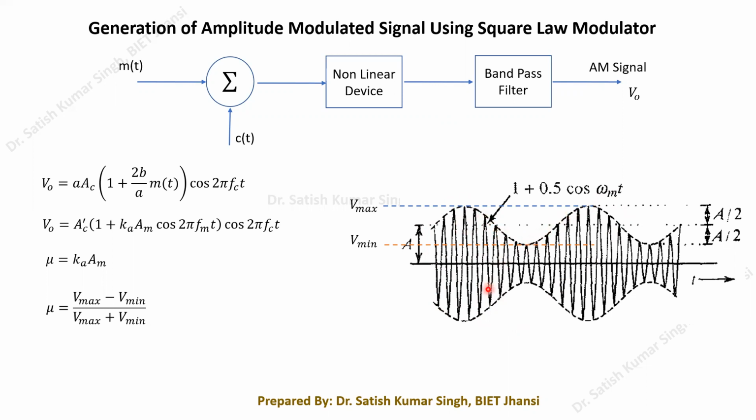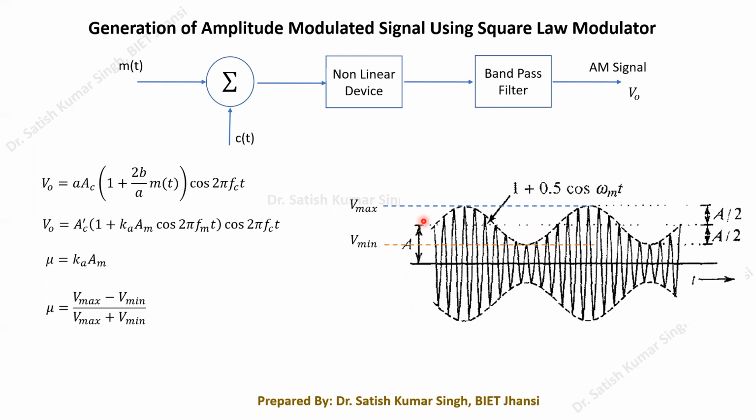If you see, the envelope of this carrier signal is nothing but your message signal. This way we are modulating the carrier in such a way that its amplitude will be directly proportional to the amplitude of the message signal. Here you can see this is our message signal, and its envelope becomes the message signal. That is more important to understand.